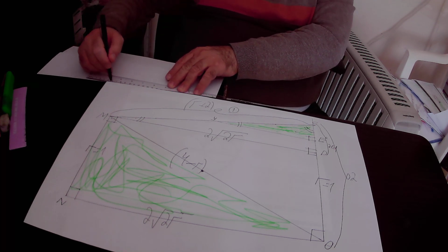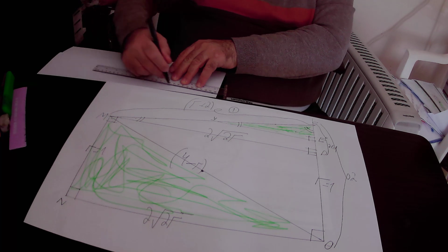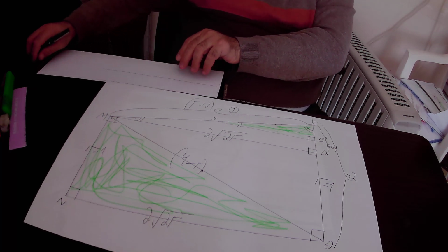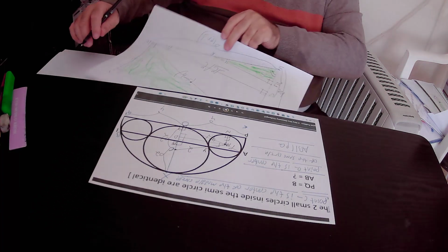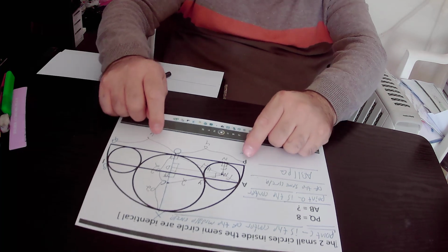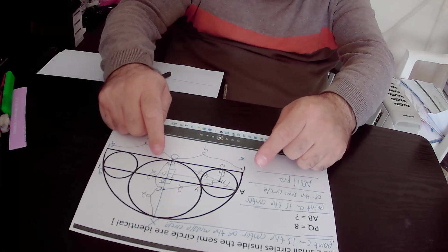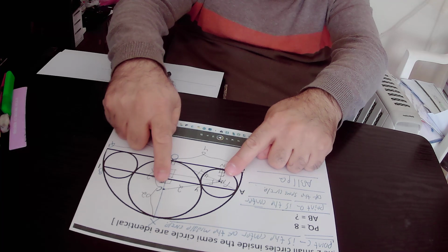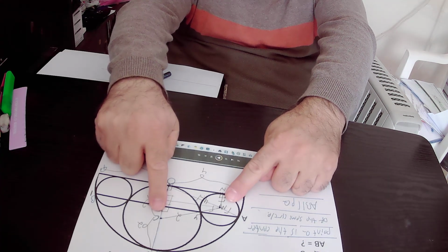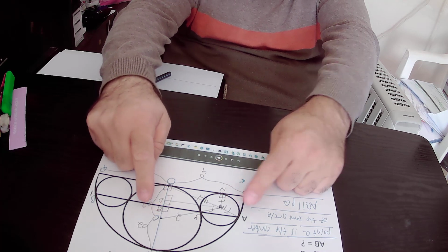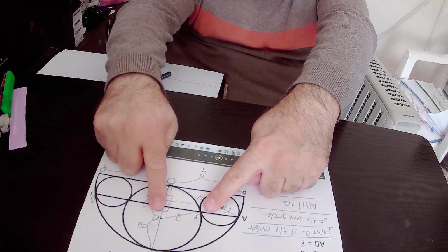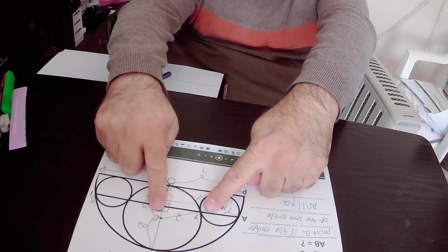But what is the value of CY? You can see here that the value of CY is actually 2 units.